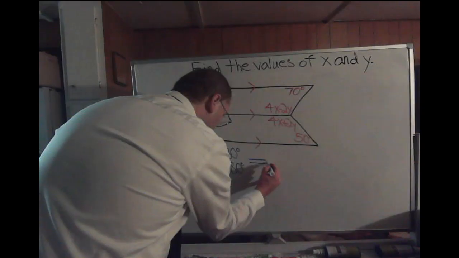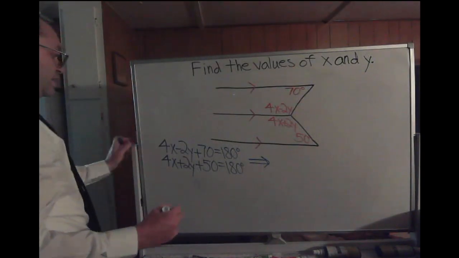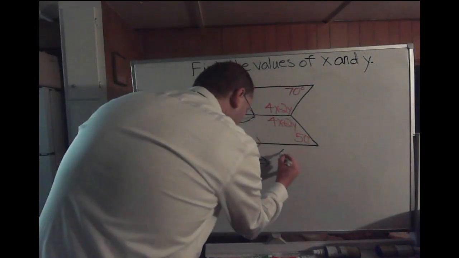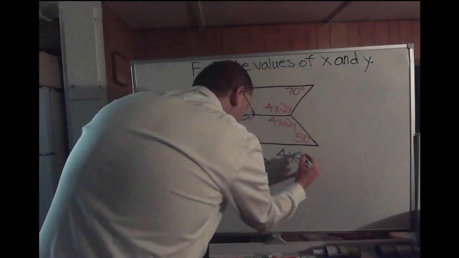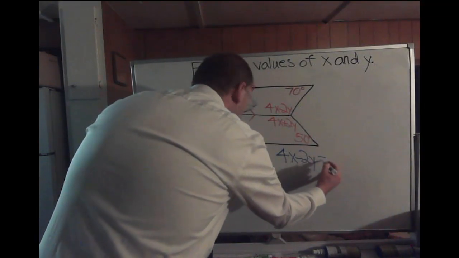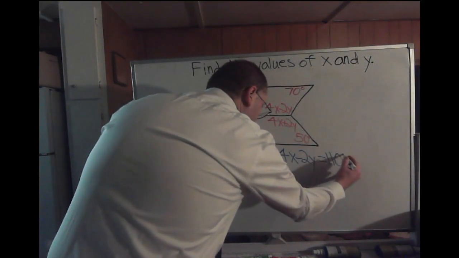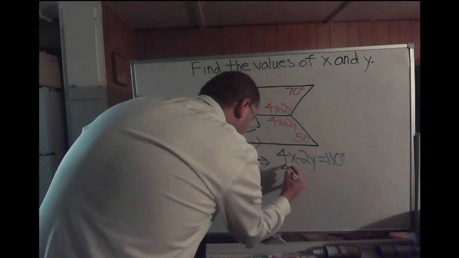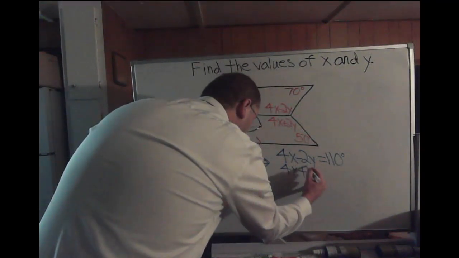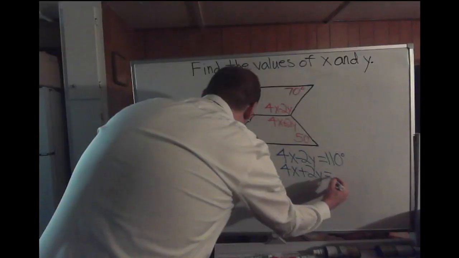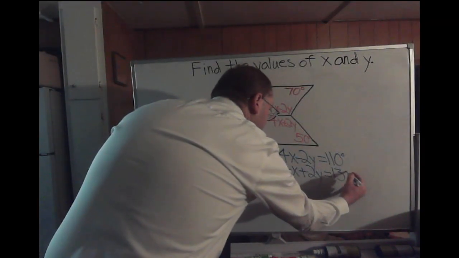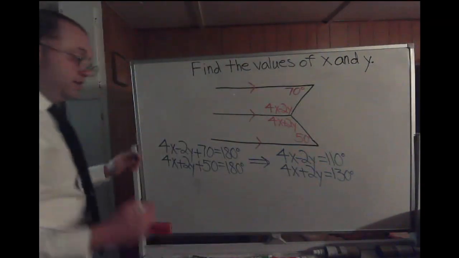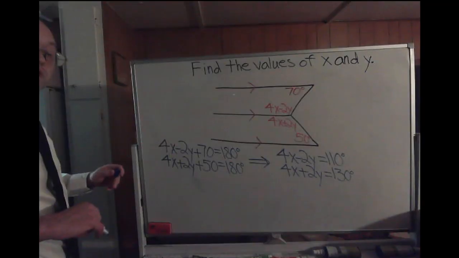Now let's simplify this over here. You'll end up getting 4x minus 2y equals 110 degrees. And then you would end up getting 4x plus 2y is equal to 130 degrees. And then what do you know? We have yet another system of equations.